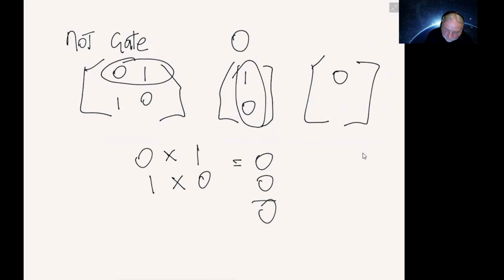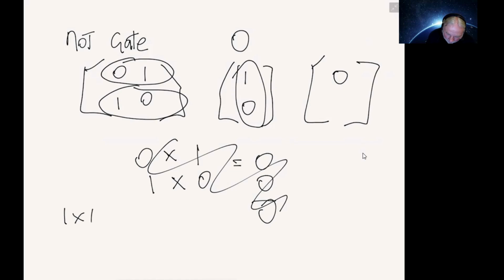And then we now do the second row by the column, and that equals 1 times 1, which is 1, then 0 times 0, which is 0, add them together and you get 1. So indeed, the mathematics stacks up. We have flipped the qubit.